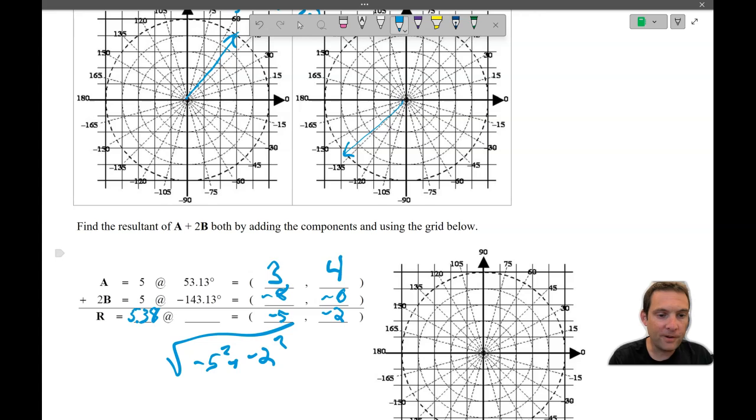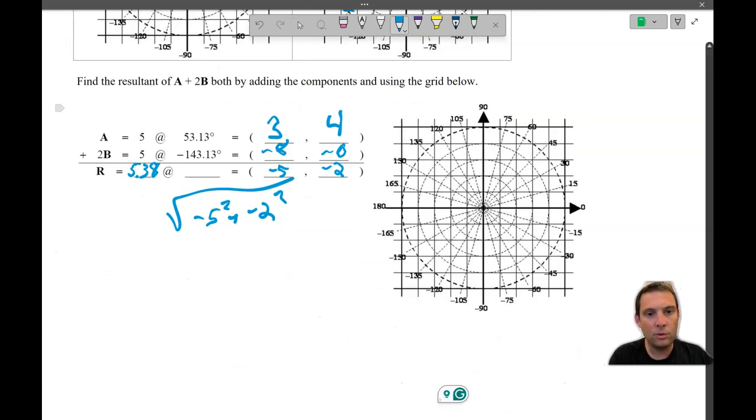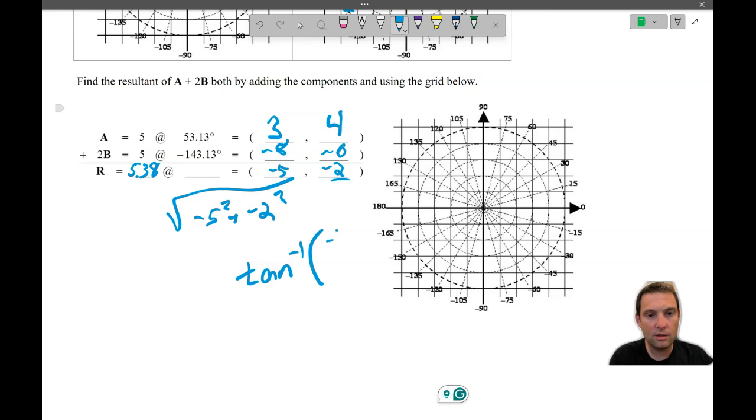Okay, and then to find our direction, we're going to do our direction formula, arctan of our y component over our x component. Greek letter theta to represent the angle.